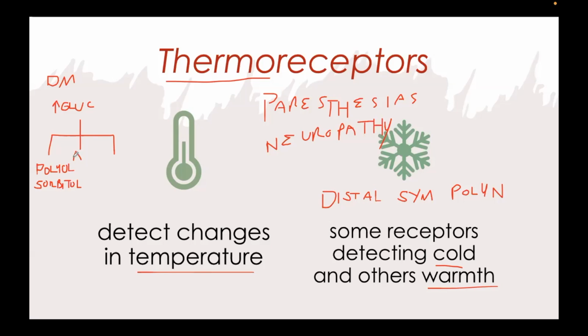There's also an activation of what we call the advanced glycation end products, or what we commonly call in internal medicine as AGEs. So again, what is activated? The polyol pathway, the AGEs pathway. There's also activation of the hexosamine pathway.